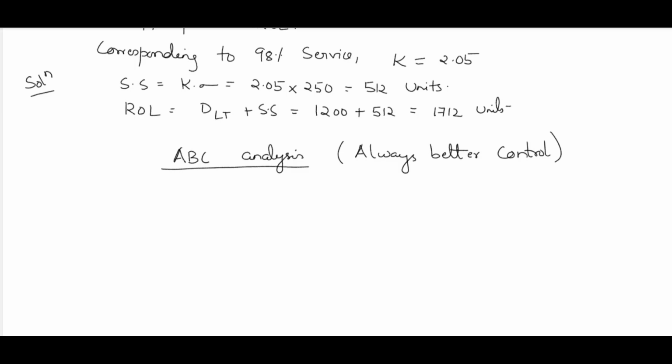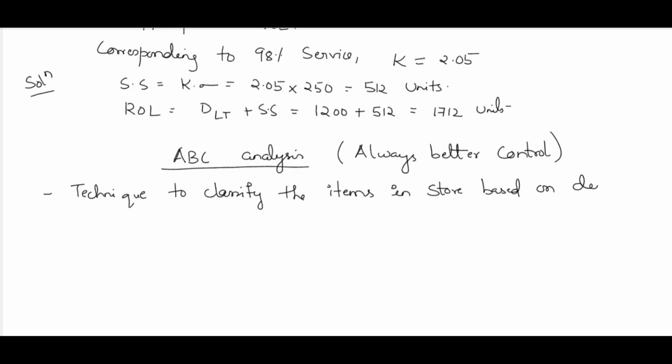You know that inventory always consumes cost. That means we spend money on that. That money is blocked on inventory. So this is a technique to classify the items in store based on the demand of the stock.